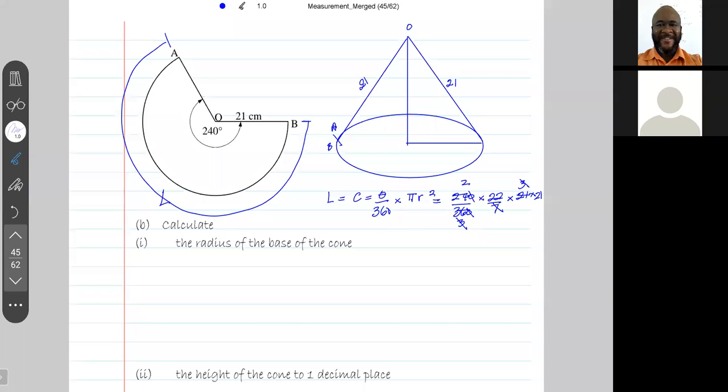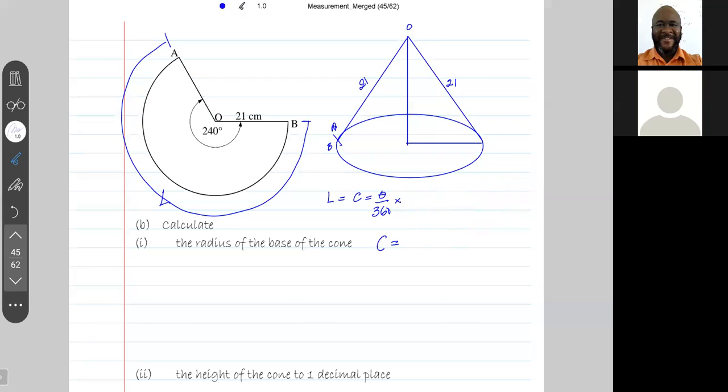So the circumference C would be equal to 2 times 22 times... Ooh, what a mistake. Lord, prepare me to be a sanctuary. And the students did not say, sir, you made a mistake. This is not the formula.